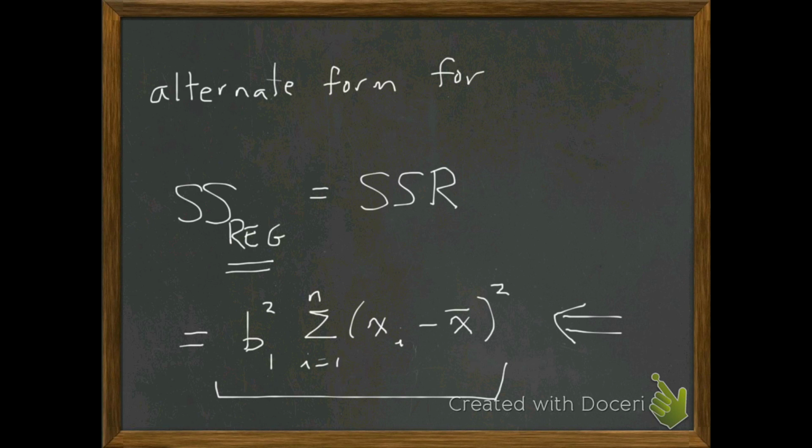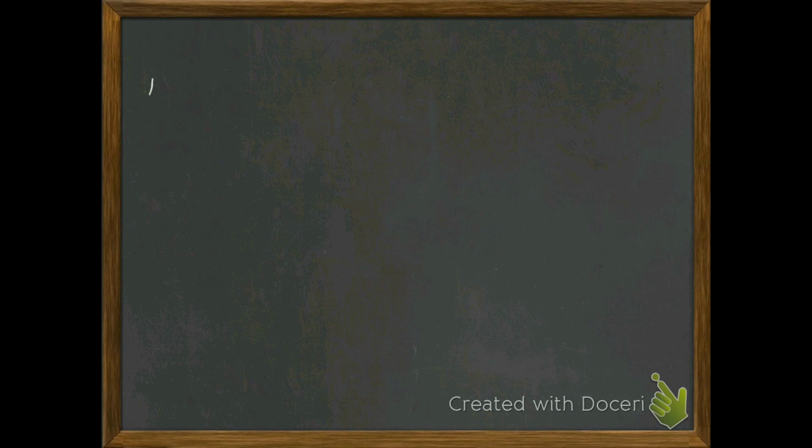I'm not sure what we're going to run into, but that would be a great homework problem, to show that the sum of squares for the regression that we had before is equal to this. So guys, you may have just stumbled onto something kind of cool. All right, boys and girls, let's move this show on.